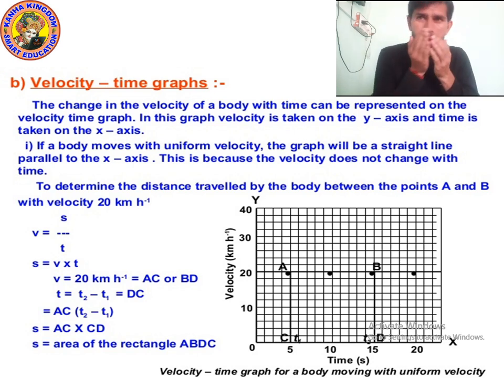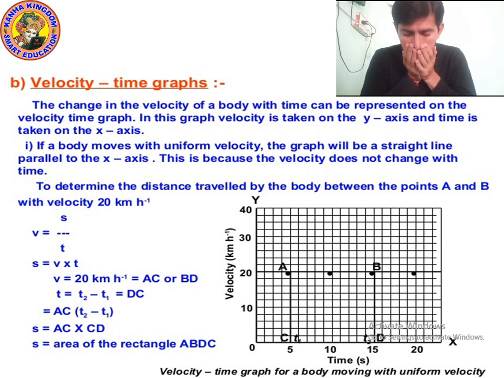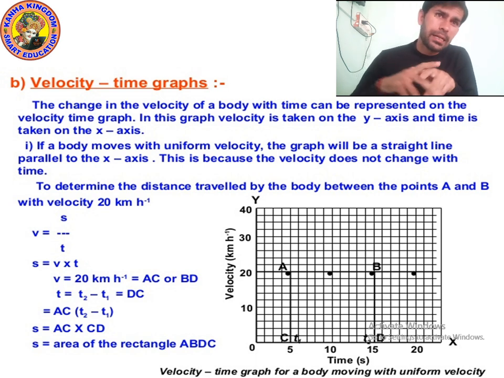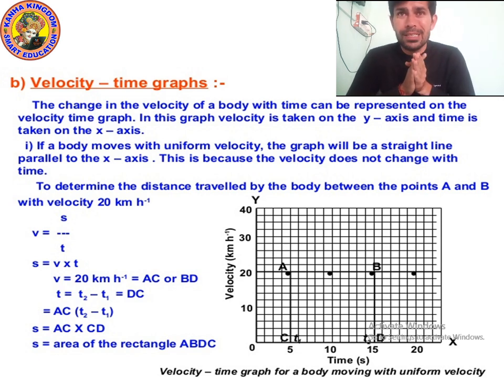The formula is v is equal to s2 minus s1 upon t2 minus t1, where s1 and s2 are distances and t1 and t2 are times in seconds. The distance time graph for non-uniform motion is non-linear, because in non-uniform speed a body travels unequal distances in equal intervals of time.